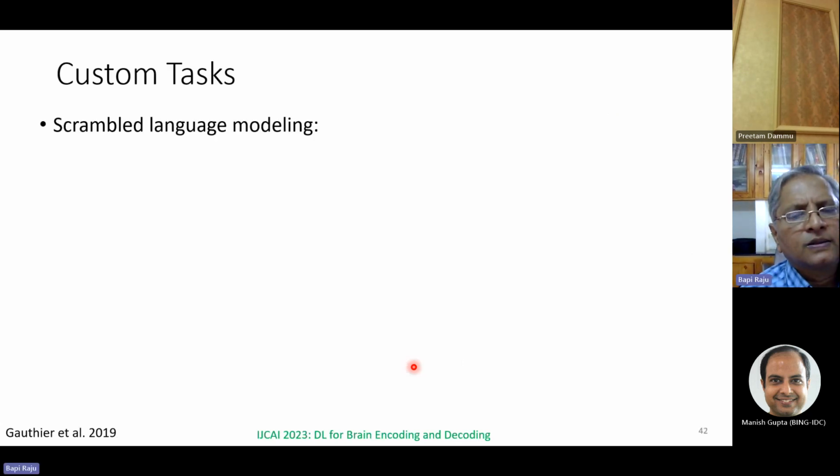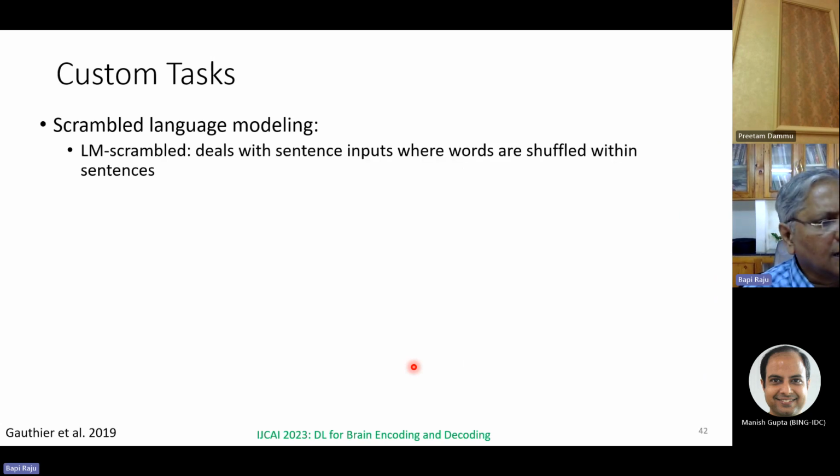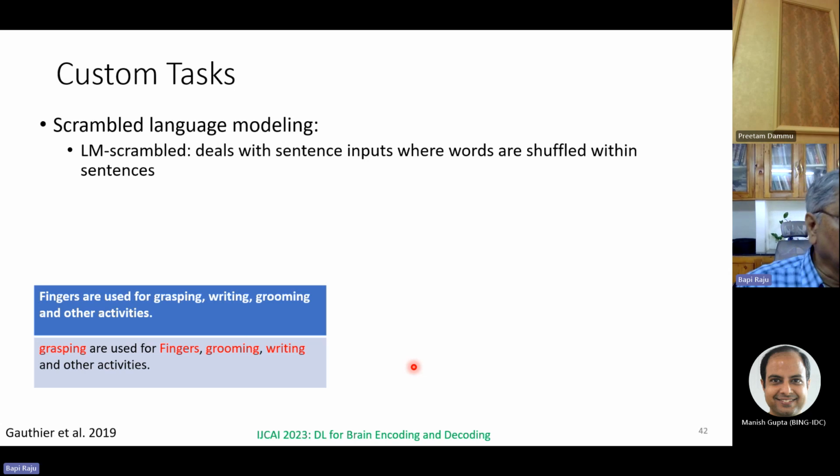Apart from this, they also designed a few custom tasks. One of them is this scrambled language model, where in the sentence inputs the words are shuffled. Fingers are used for grasping, writing. This is the original sentence, and they shuffle the words within a sentence. Then they fine-tune this language model on these scrambled inputs. Right, so it's a pre-trained BERT, but fine-tuned on these scrambled words.